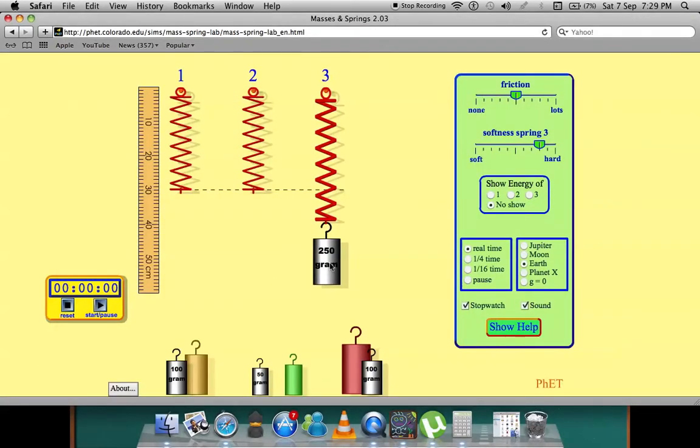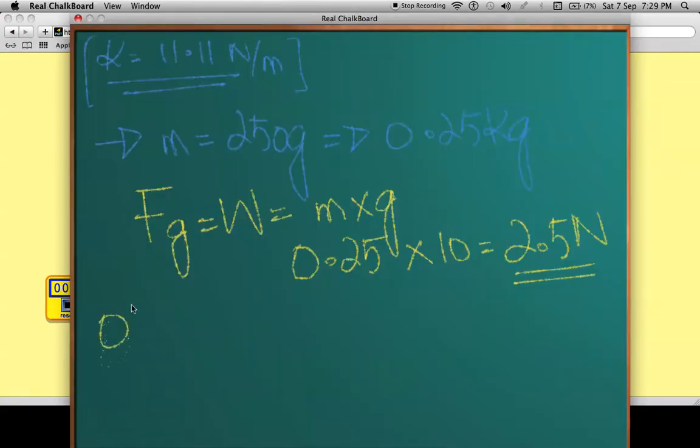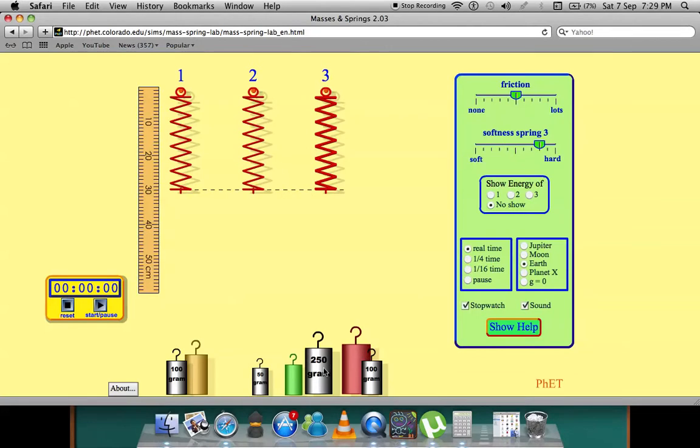Now let's see the extension. Originally, it had a length of 30 centimeters. Original length was 30 centimeters. The final length, let's see the final length when we attach this mass here.